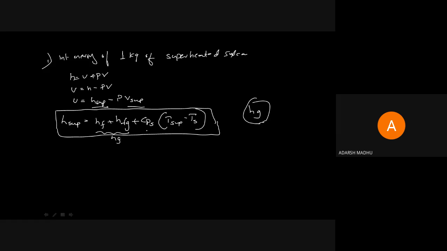Next term, Cps into T superheat minus TS means Cp delta T, right? Initially the water or gas has some heat, and the saturated heat gets added to it. That is what is called superheat. That is why both terms are added to get H superheat.